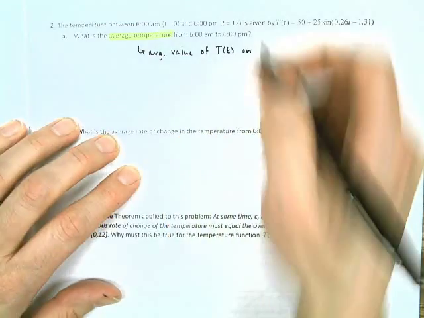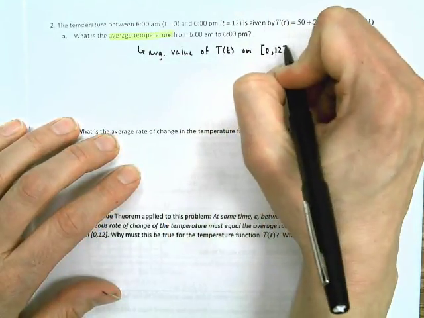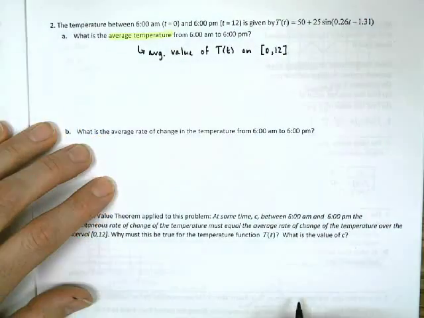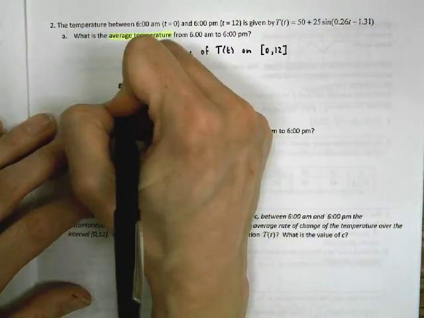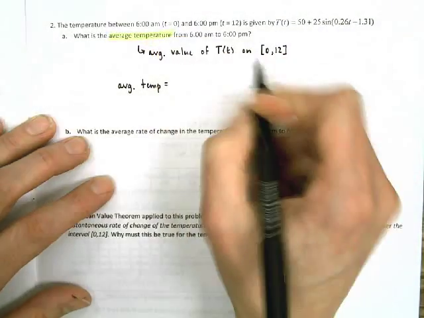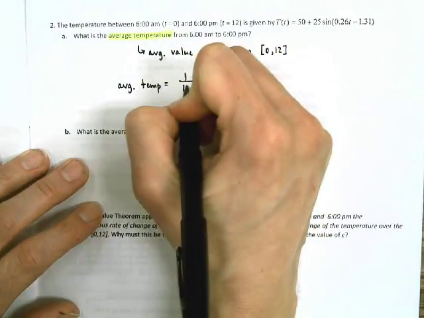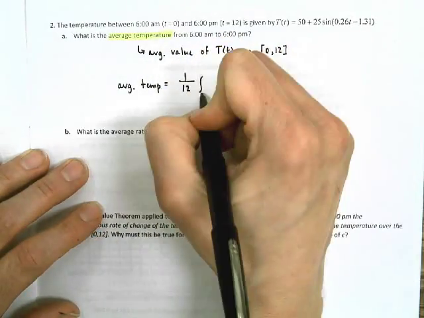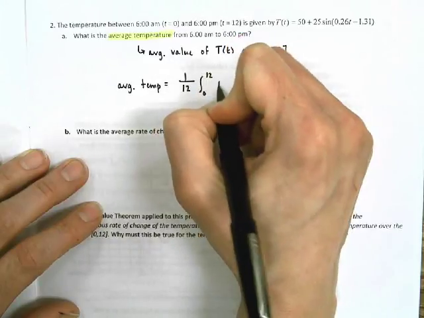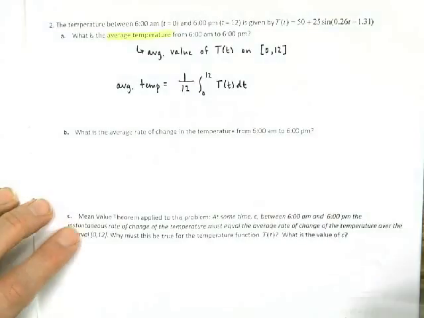on the interval. Well, 6 a.m. is 0 and 6 p.m. is 12. So if I want average temperature, that's just my average value. So I know that the average temp is going to be equal to 1 over 12 minus 0, or 1/12, times the integral from 0 to 12 of T of t dt.